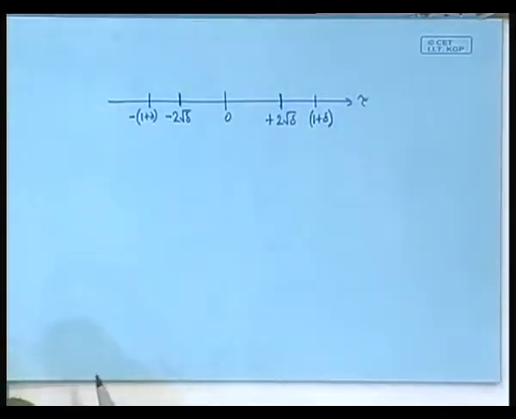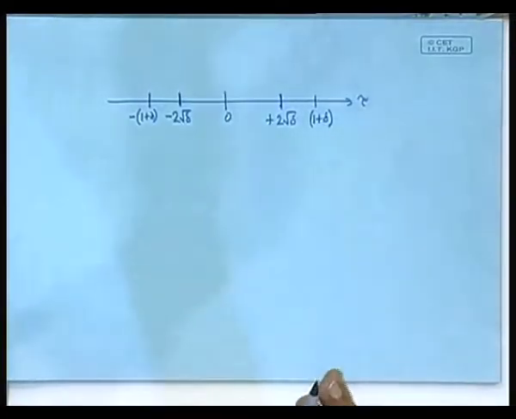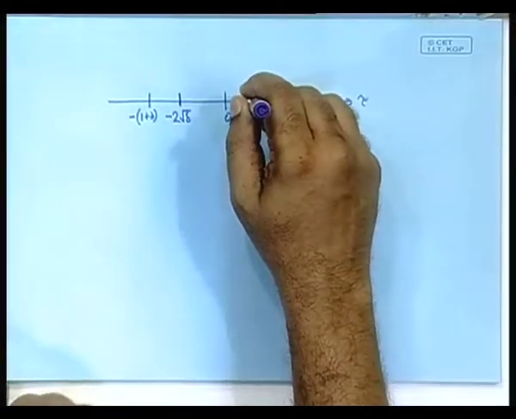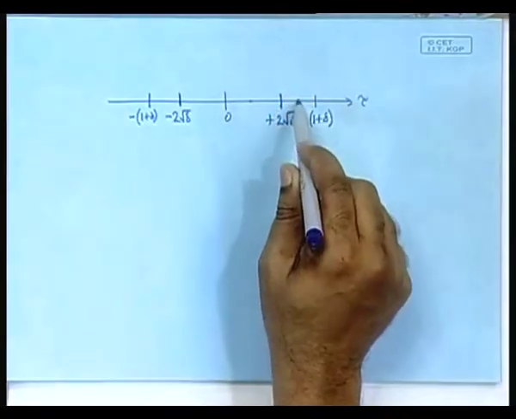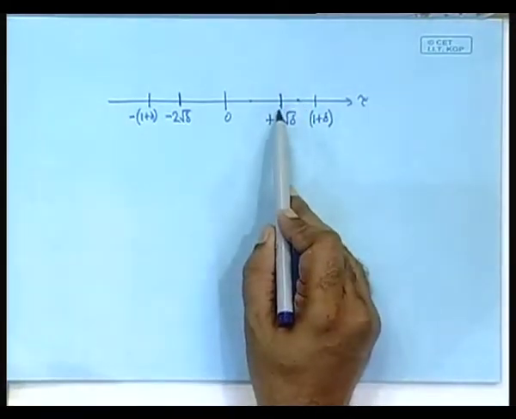So, from here we can get a picture representation. If I place my point here, what is the character? Stable and spiraling inwards. If I place my point here, is it stable, but it is between 2 root delta and 1 plus delta.